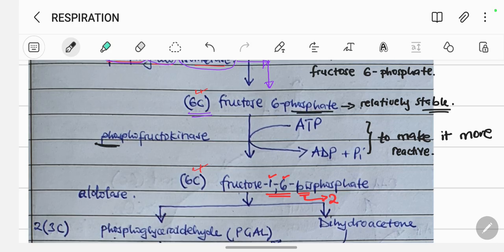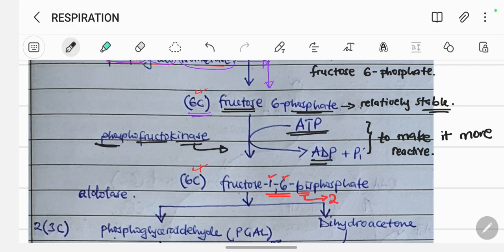Then fructose, dealing with fructose. Then kinase. We said earlier that all enzymes that have that kinase part are dealing with ATP breakdown into ADP.